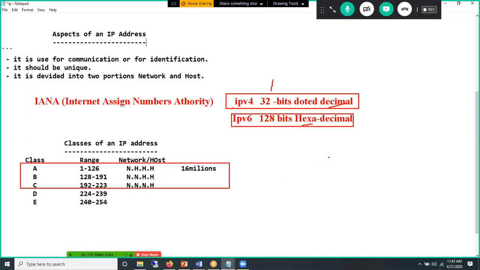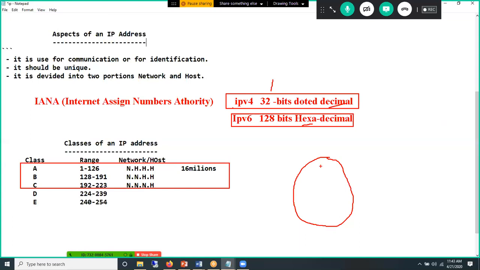It means if I create a network, maybe for my home, maybe for my company, or maybe for my corporate network, it may be any kind of network.